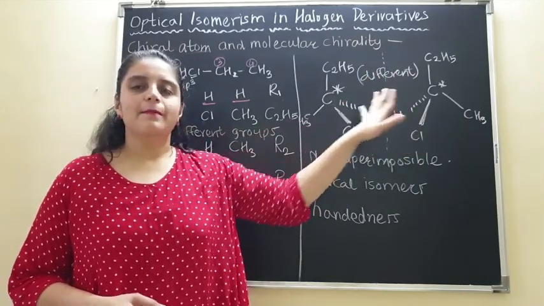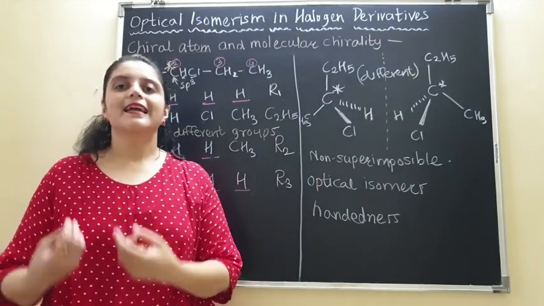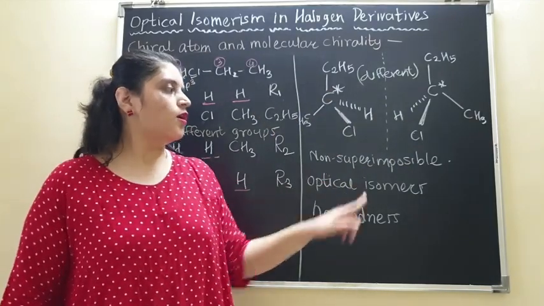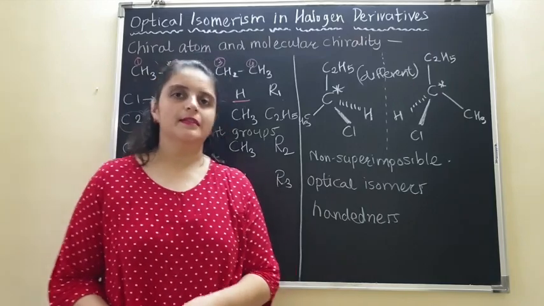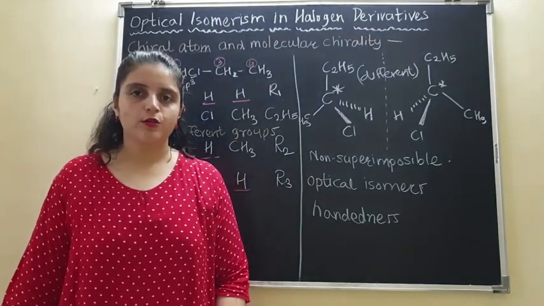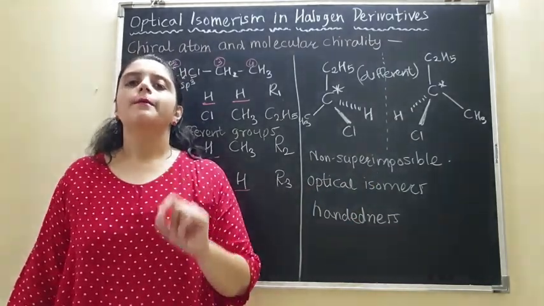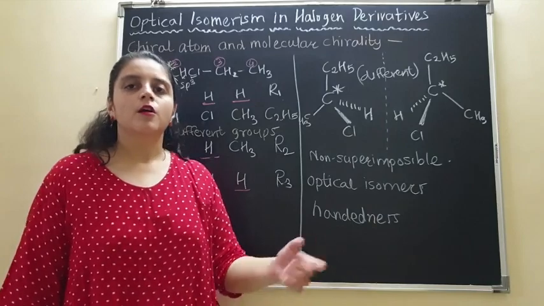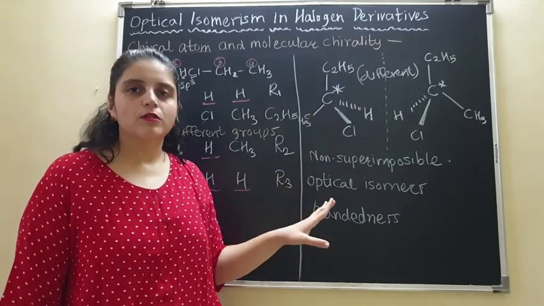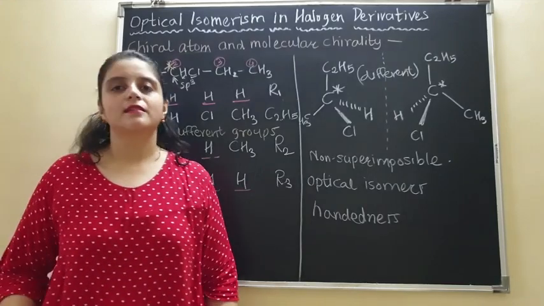If you see this example, you know that these two structures are mirror images of each other. But what kind of mirror images? Non-superimposable mirror images. So you can say that optical isomers are stereoisomers which are non-superimposable mirror images of each other, who look the same. Actually they look the same, but the arrangement in space is different.